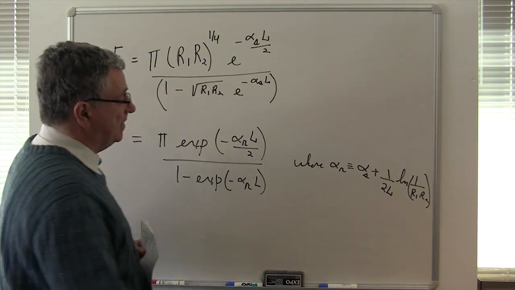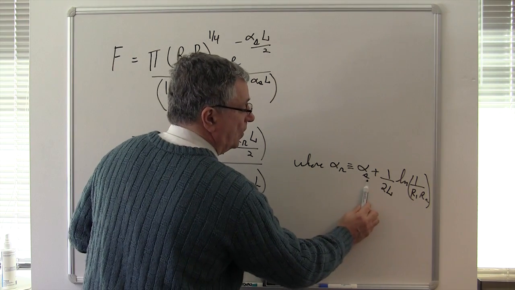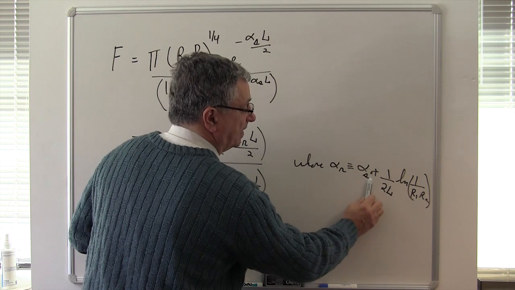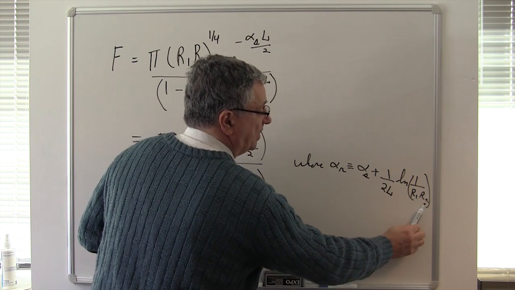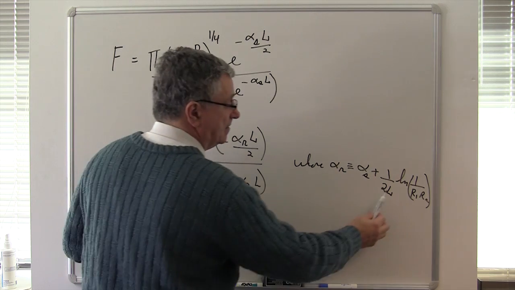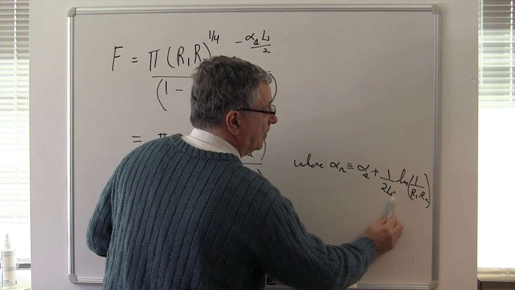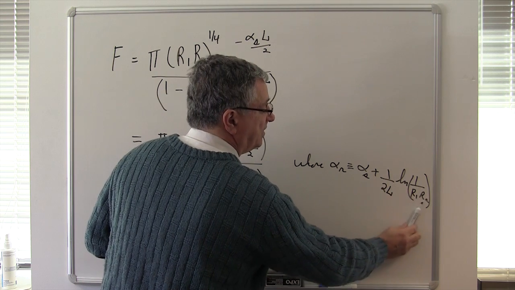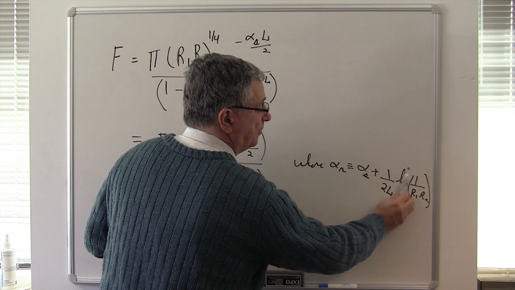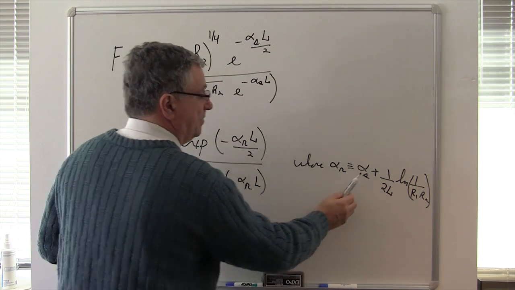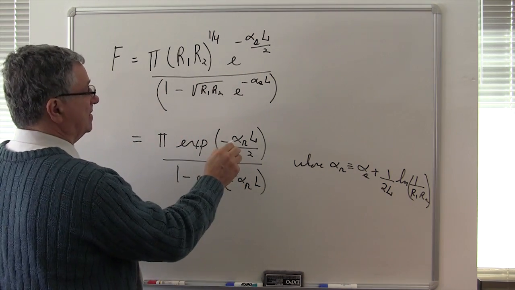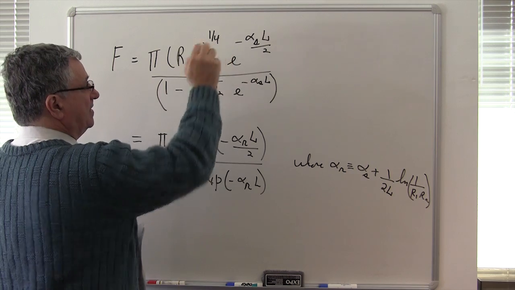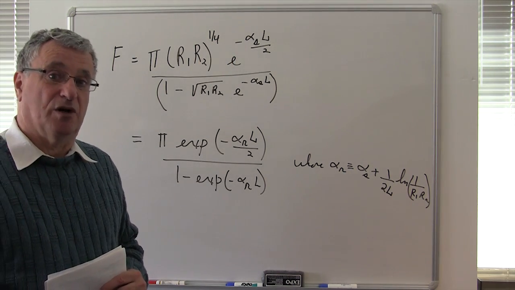Here you see the background loss is given by this, and mathematically, this is correct, we have distributed the loss of the mirror over the whole cavity. Now you can substitute this into this expression and find out that this is equal to that expression above.